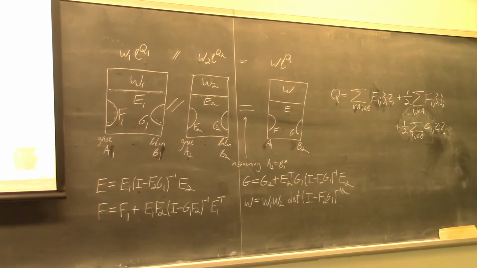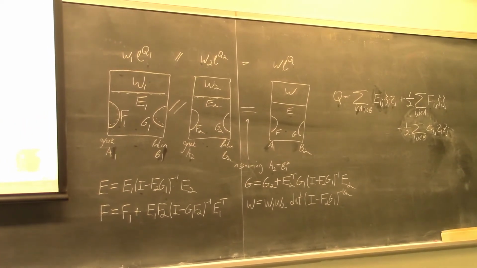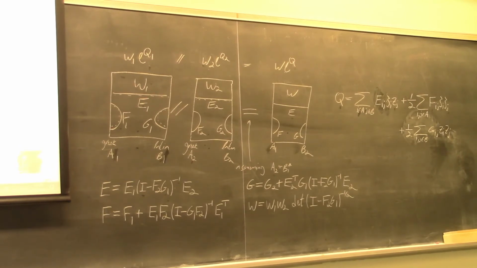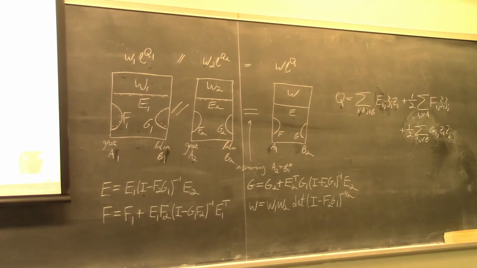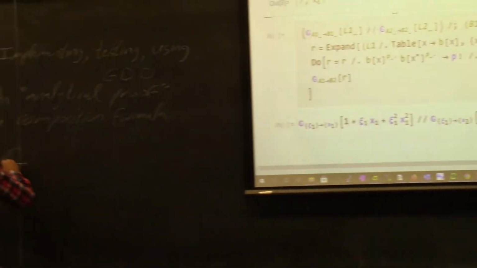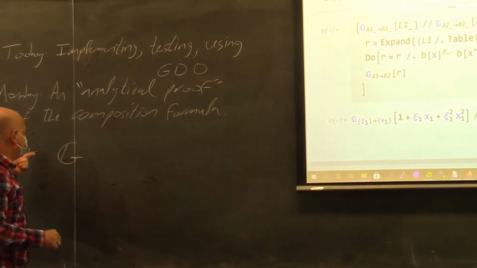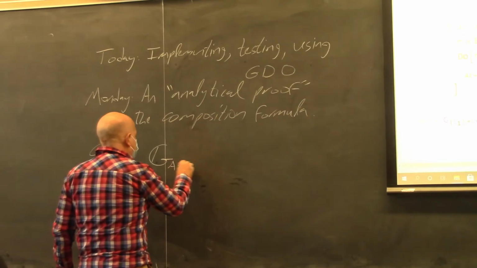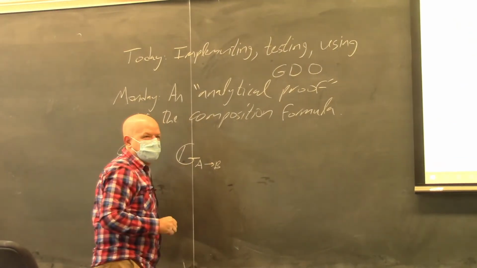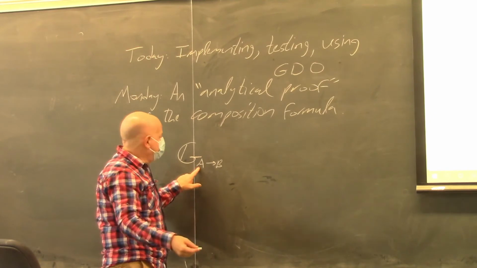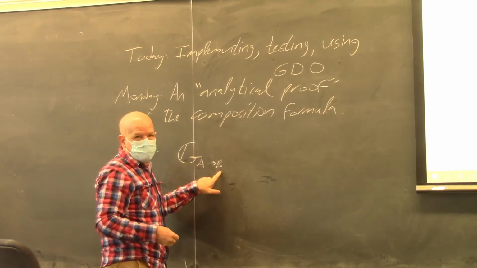So my notation for the category of generating functions is that if you have a morphism from a set A to a set B, I will call it blackboard G for generating, sub A goes to B, and in A I will put a set of Greek letters, and in B I will put a set of Latin letters.